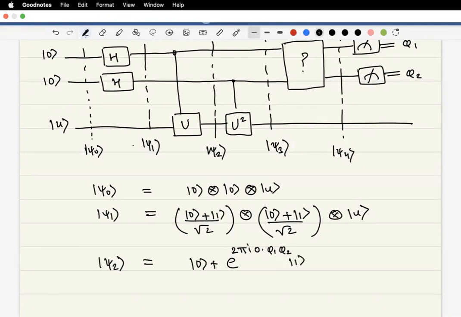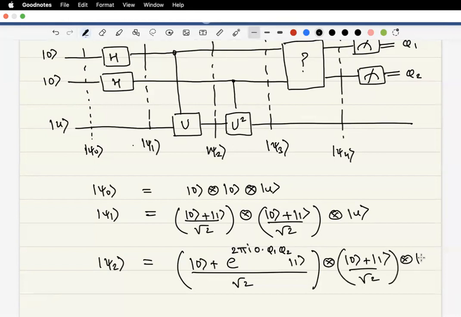This is the control bit and this is the target bit, right? The phase over here gets kicked back to the control, getting this value.